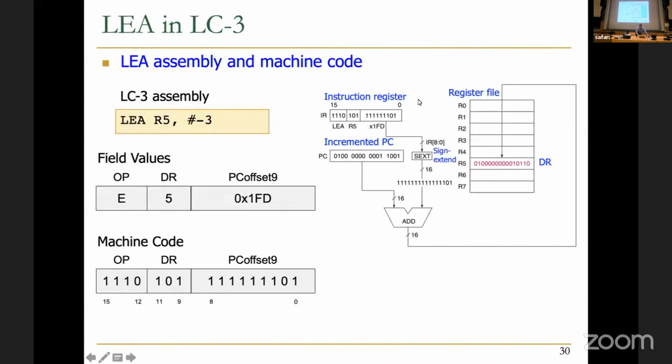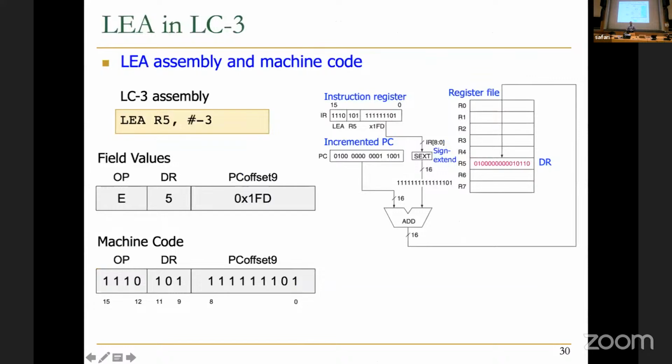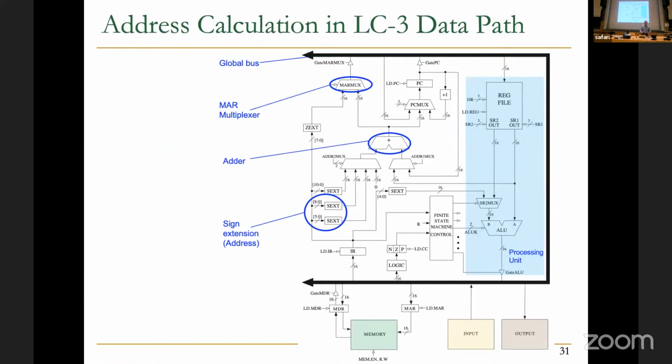So basically, maybe I'll make it easier. You take the PC, so you select this input of this mux, and then you take the 9-bit sign-extended offset, you select this input of this mux, you do the addition, and then the result goes through the MAR mux, you need to gate the MAR mux, and the result needs to go directly into the register file. So you need to have a data path for this. And you may say, okay, why are we taking the PC, not PC plus 1?